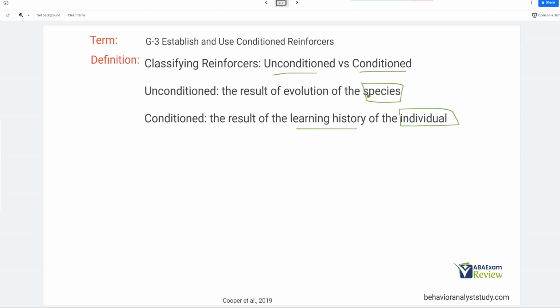So species and unconditioned, we're talking hundreds and hundreds and hundreds of years. Conditioned, we're talking about the lifetime of the individual.